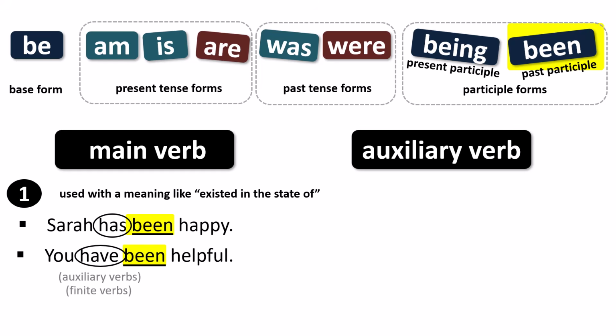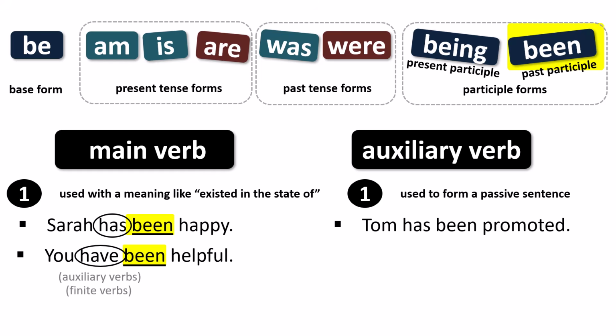Here is the main use of been as an auxiliary verb. It's used to form a passive sentence, so quite similar. Tom has been promoted. Here's our been as an auxiliary verb, here is our main verb, and the action of that main verb is being done to the subject. That's why it's a passive sentence.